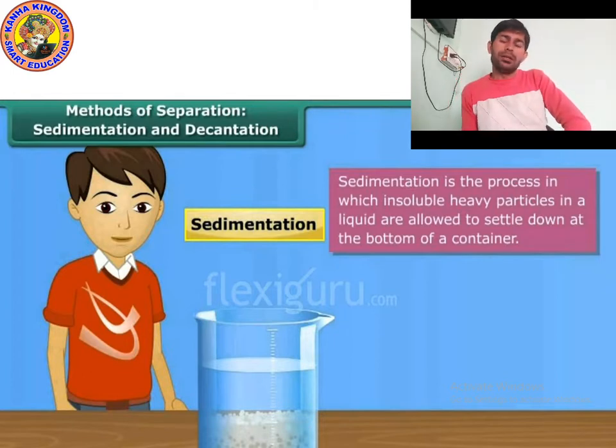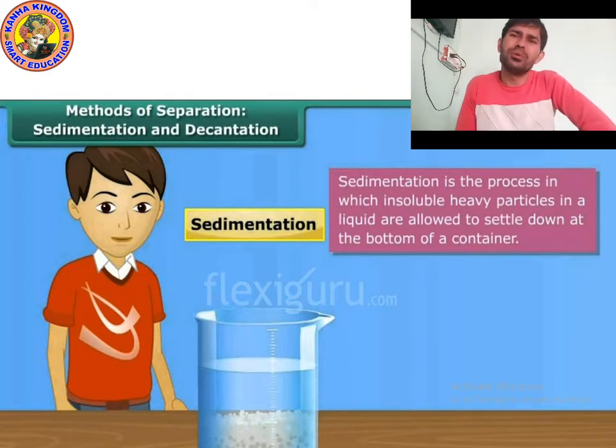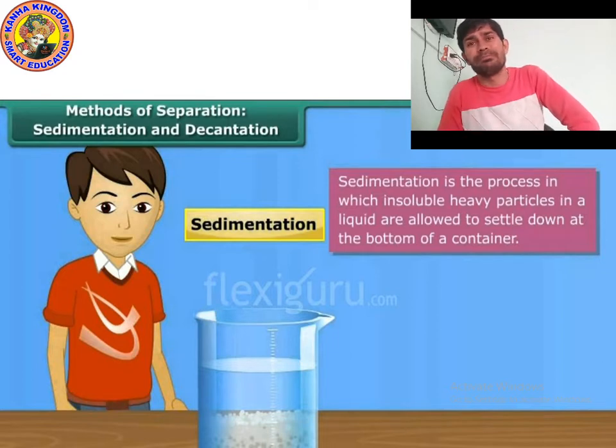But let me tell you guys that this method does not clean the water completely. It just settles the particles down, but it will not remove the harmful bacteria. We need to use a different method. We will study distillation, which is one of the best methods.